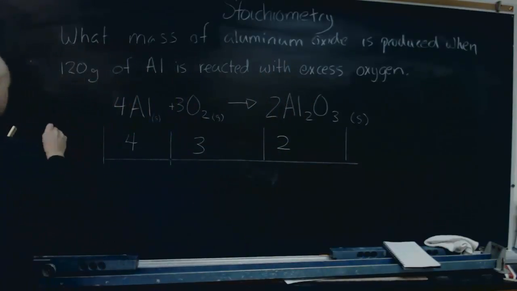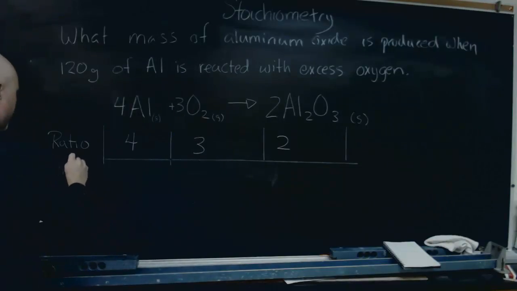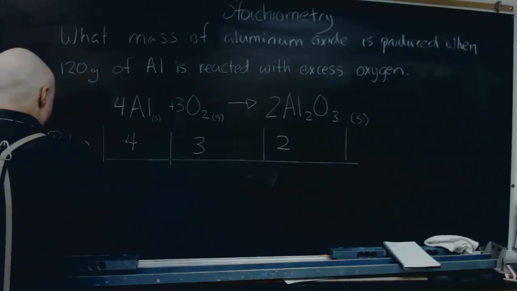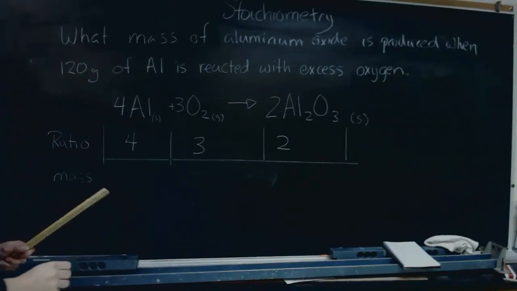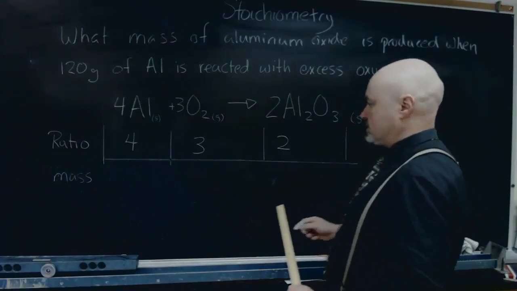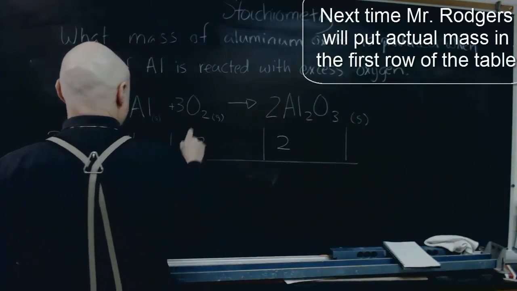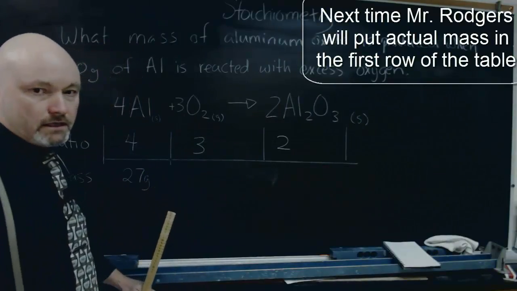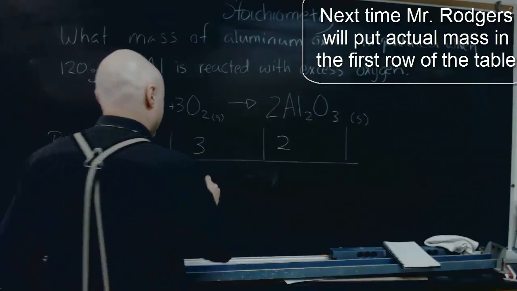The next row in the table, and so this is our ratio row, and the next one is the mass row, the molar mass row. And the molar mass of aluminum is 27 grams. Molar mass of oxygen is 32 times 3, which is 96.